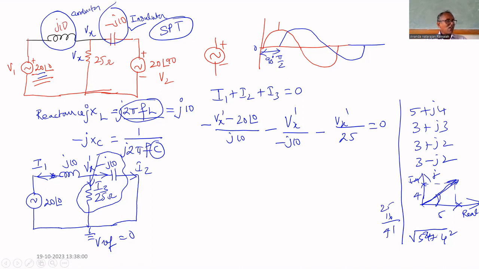Tan inverse of vertical component divided by horizontal component, or imaginary part by real part: tan inverse of 4 by 5, which is 38.65.